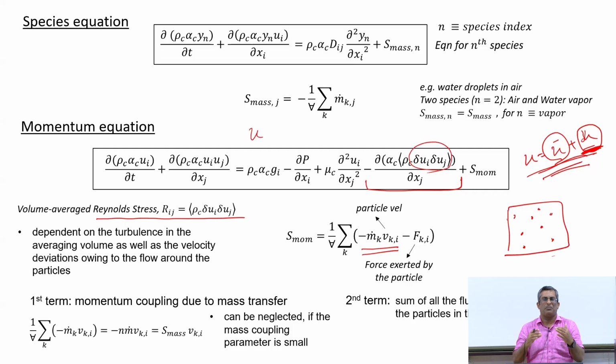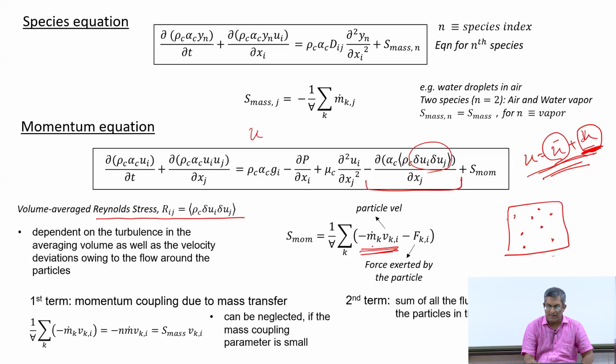Any type of particle mass generation or depletion can be accounted. So the particle is moving, it's evaporating, it's moving. So the vapor which is generated also moves at the particle velocity. So in this case, we are adding momentum to the carrier phase flow. So that is why you have this term.